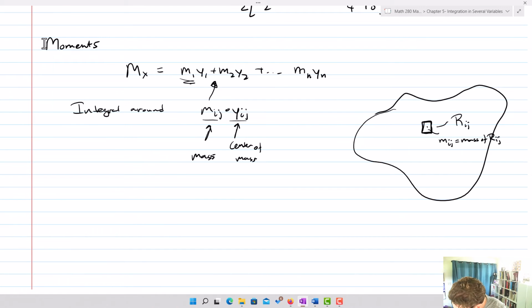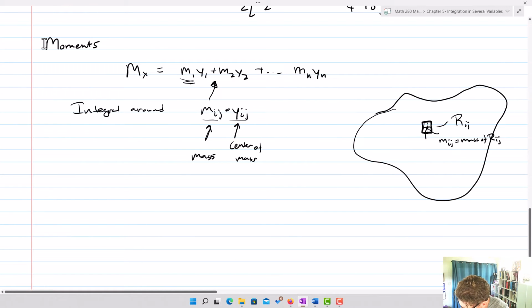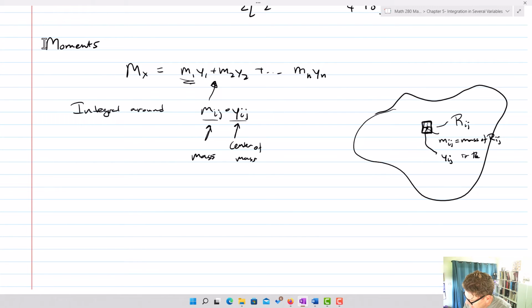And then it's got a center with respect to the x-axis, which is some y value. So this Yij is the center with respect to the x-axis for Rij.